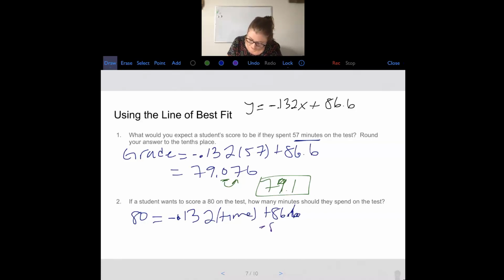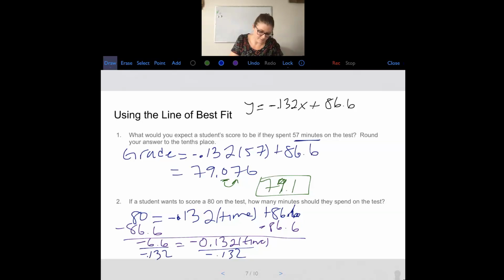So we subtract 86.6 from both sides, and we get negative 6.6 is equal to negative 0.132 times time. And then we divide by negative 0.132, and we get 50.